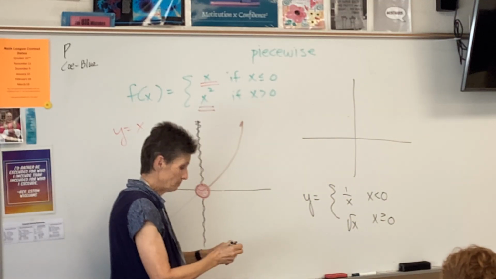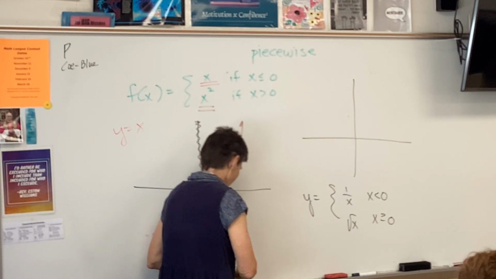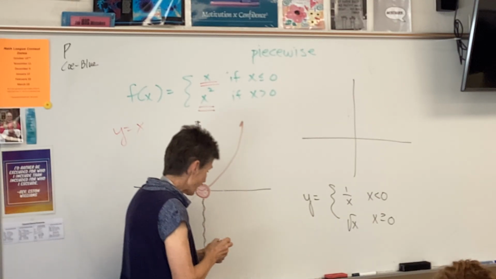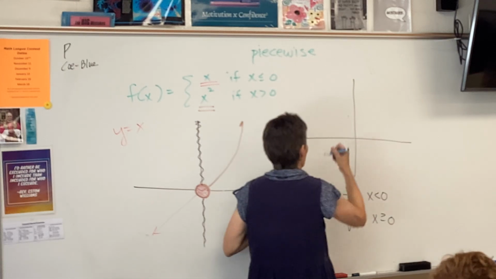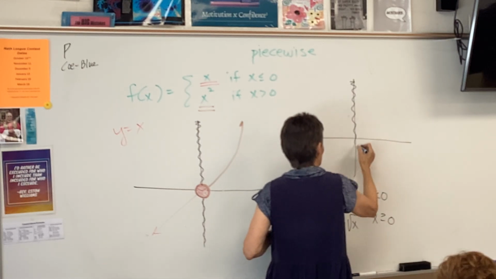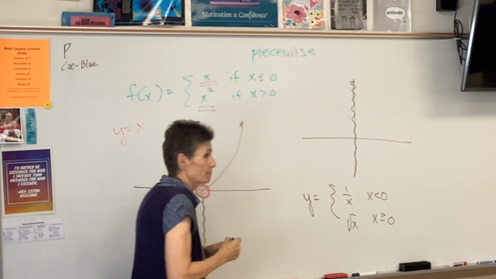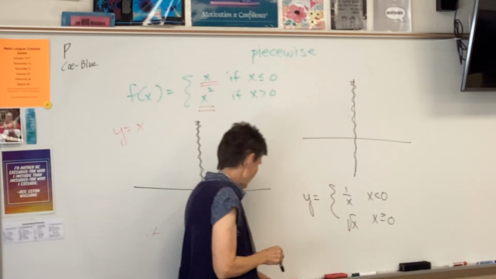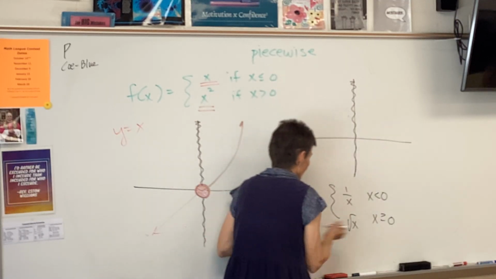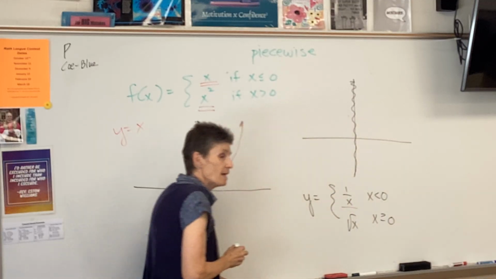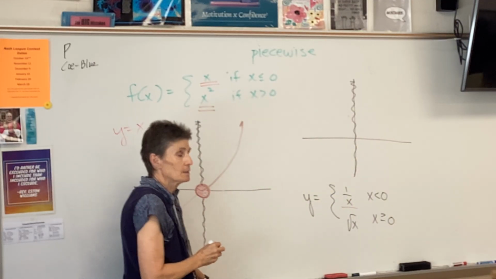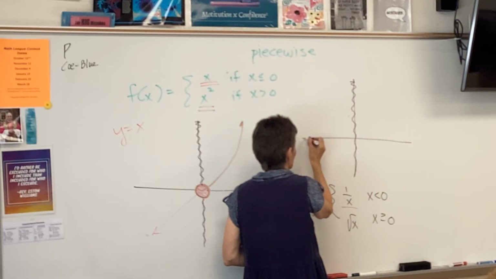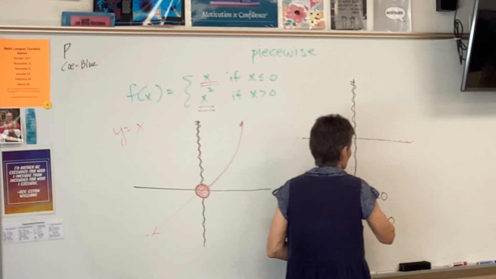All right, here we go. My break is again at 0. All right. What's my red function? What's that guy? That's the reciprocal. The reciprocal has an asymptote right on the break. There's an asymptote here.